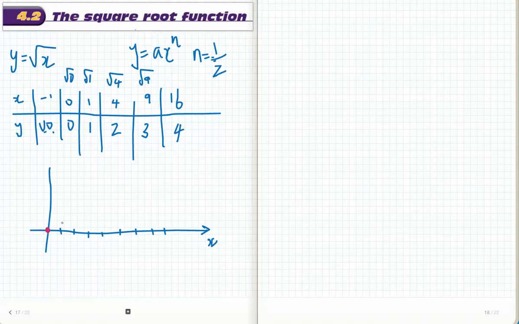At 1, it's 1. At 4, it's 2. At 9, it's 3. We end up with what would be a parabola that's on its side. So I've actually got a parabola that would normally sit, if I exaggerate the y values, there.